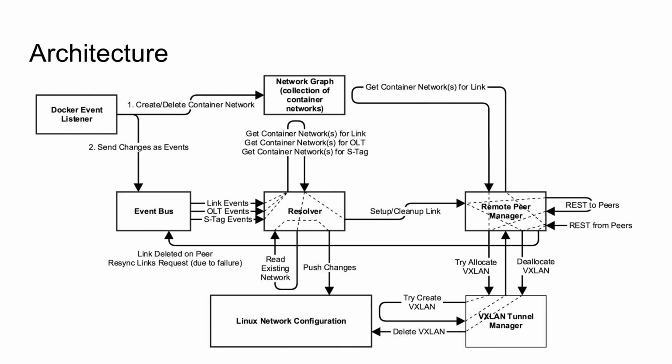It's not actually building the network. It's just collecting which containers are running and what each of them thinks its network should look like. And then after the network graph has been updated, it sends out events for that particular container, if there's specific link IDs on it, or a specific OLT connection, to the event bus.